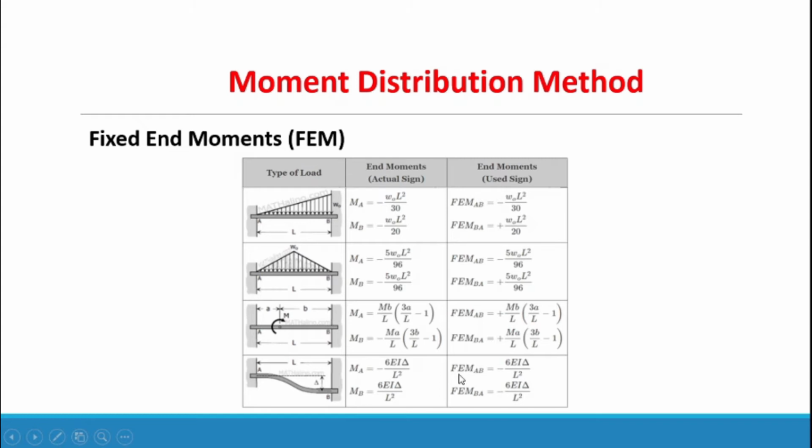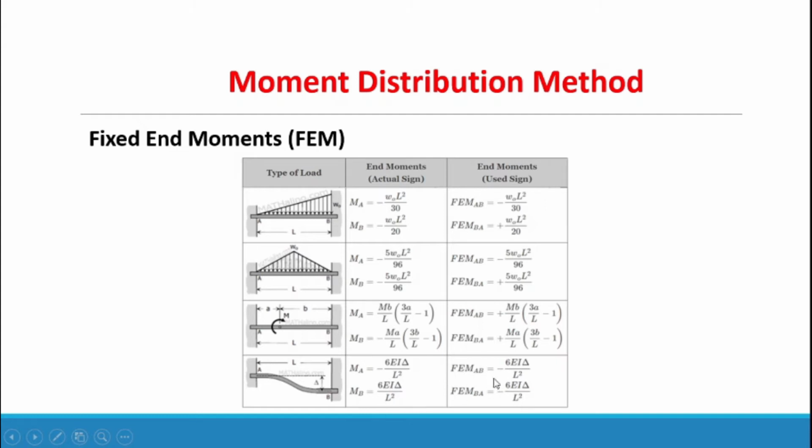And for the last diagram, we have a deflection of delta at point B. The end moment at A is equal to negative 6 EI delta all over L squared, and the moment at B is equal to 6 EI delta all over L squared.